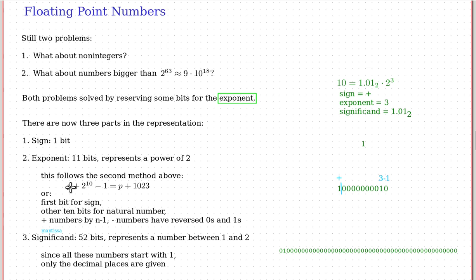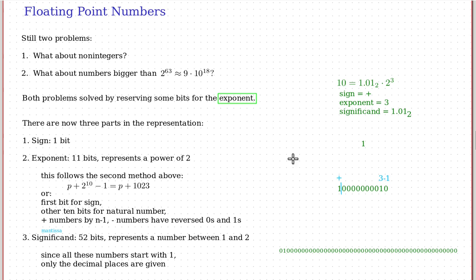Or you can think of it using this scheme. The power was 3. We add 1023 to 3, so this is the number 1026 represented in binary notation. And then finally, for the significand, we have 52 bits to represent the number 1.01.